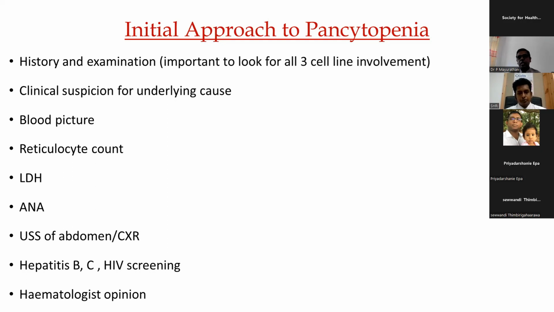Transferrin saturation is the best investigation if you couldn't do the ferritin levels. In terms of ferritin, two numbers, 100 and 200, should be there before you start erythropoietin. In a dialysis dependent patient, ferritin should be more than 200. In a non-dialysis patient, at least it should be 100. If you do the transferrin saturation, it should be more than 20 or 30%. It comes as a percentage, so at least more than 30% before you start erythropoietin.